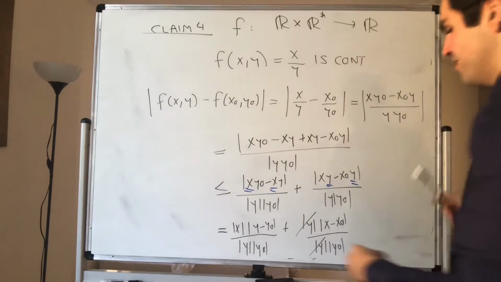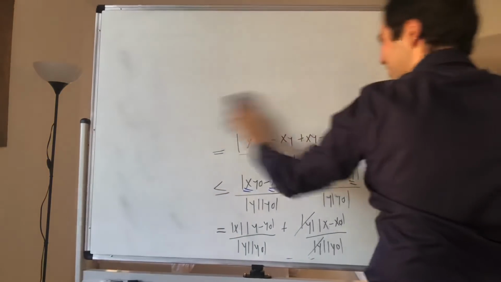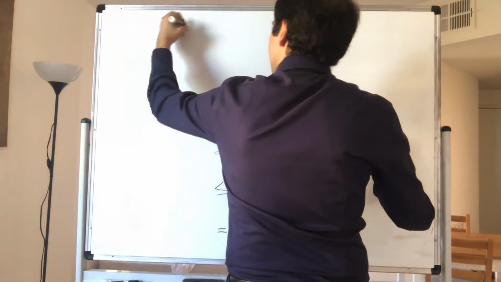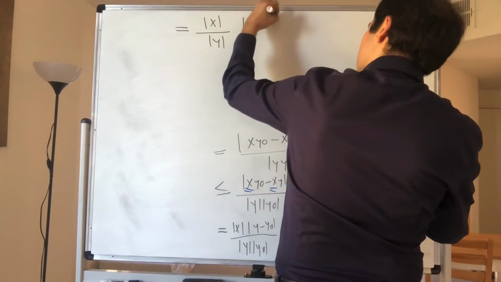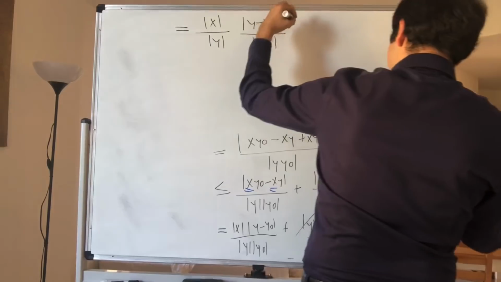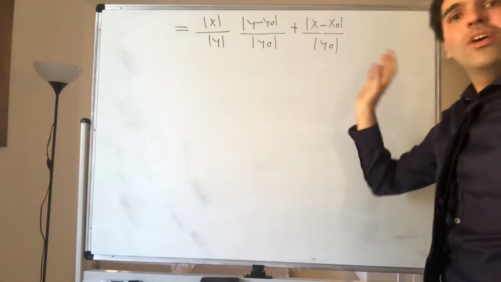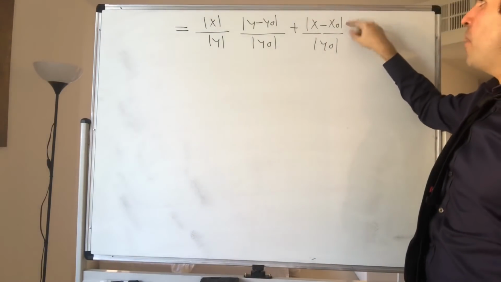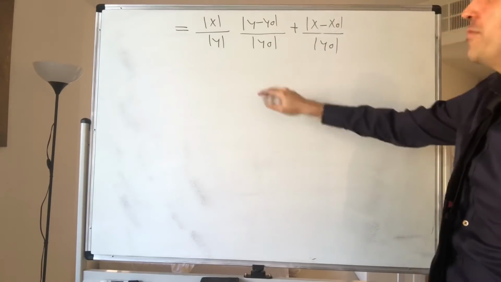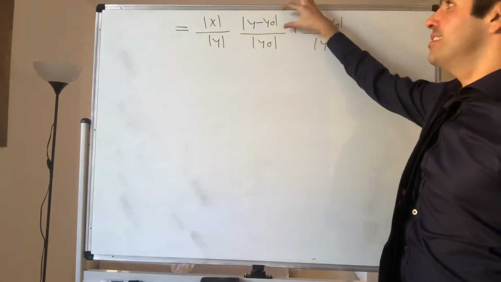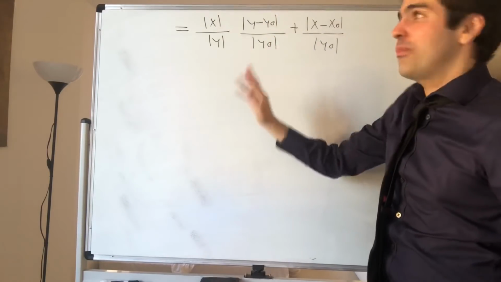The y's cancel out, and you're really left with, hope I won't forget about this, x over y times |y minus y naught| over |y naught| plus |x minus x naught| over |y naught|. There are two parts here, one that's very good and one that's very bad. This part is good because we can control it, and this is constant. So the point is this we don't have to worry about. This part is very bad because this we can control, but now you have those two variables, which is horrible.